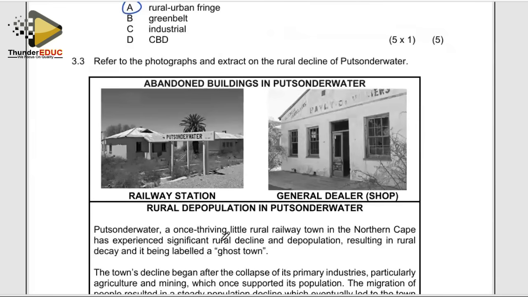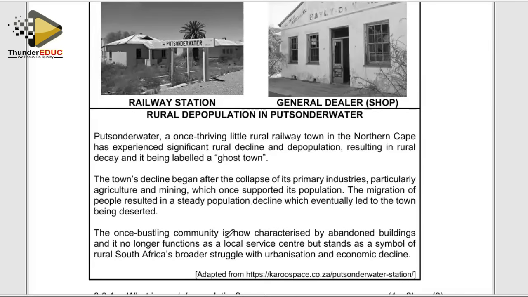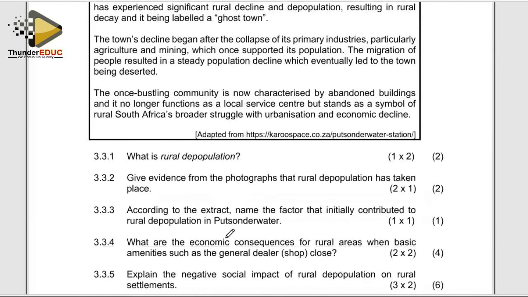Right. Question 3.3. It is abandoned buildings in Patsanda Water. It talks about rural depopulation in Patsanda Water. What is rural depopulation? When you see this word depopulation, remember decline. So rural depopulation is the decline in the number of people staying where?